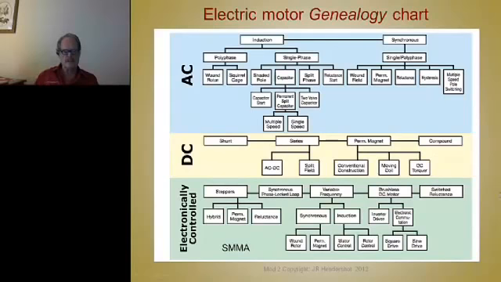This is the motor genealogy chart that we listed before, and we're going to study this induction motor, which is electronically controlled, and this reluctance machine, which is also electronically controlled, and then we're going to study both hybrid and permanent magnet, no, wait a minute, they're over here.